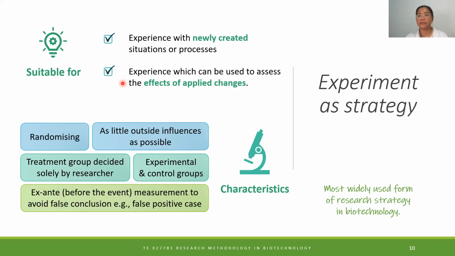What it means here is that if you want to see what factors, or how these factors, affect whatever you are doing, that's when you do the experiment. For example, when you're varying pH, varying temperature, varying raw material type, that type of thing.